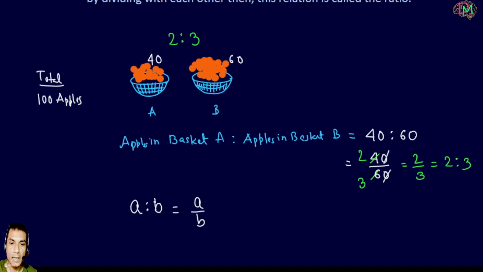And in words, we can say this as A is to B, or you can also write it as A by B. These are all the same.